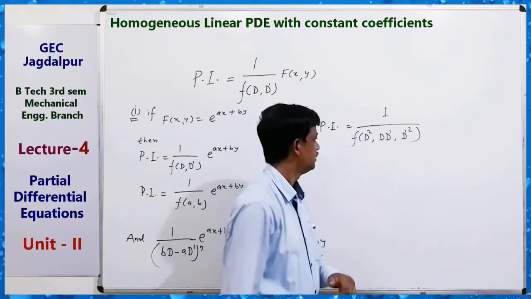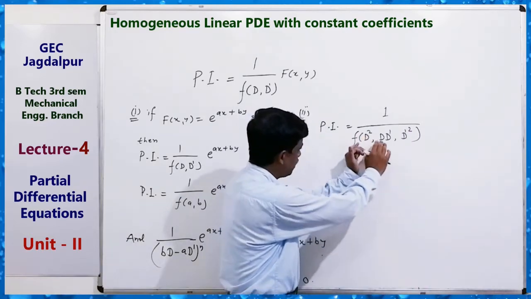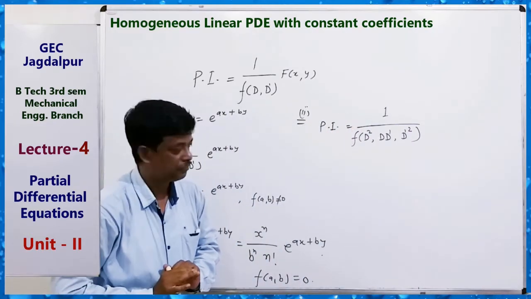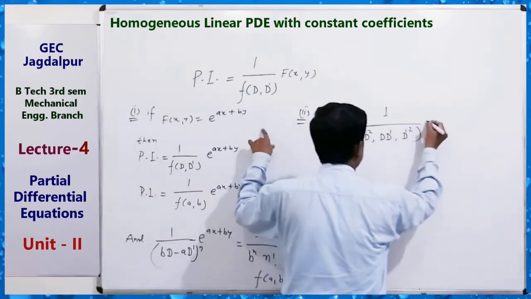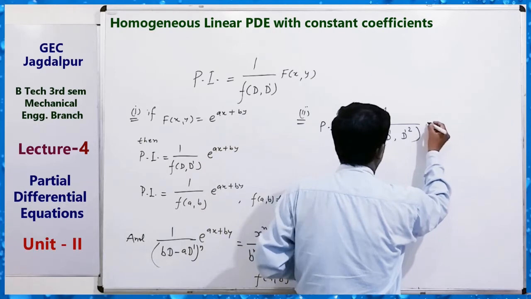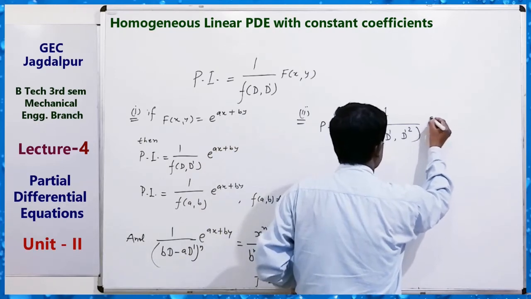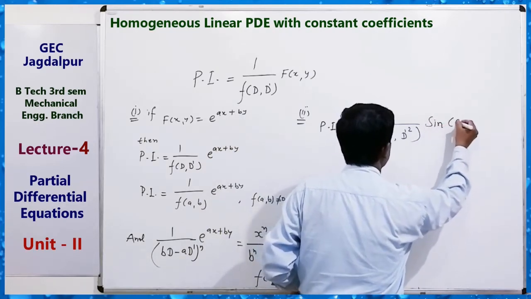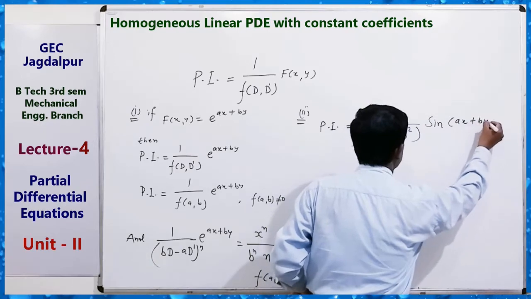Now we write it in this form, and here f(x,y) means like this, so here sin(ax plus by).